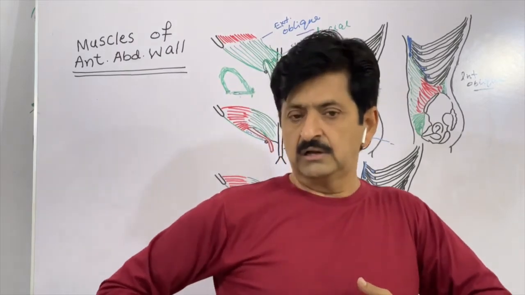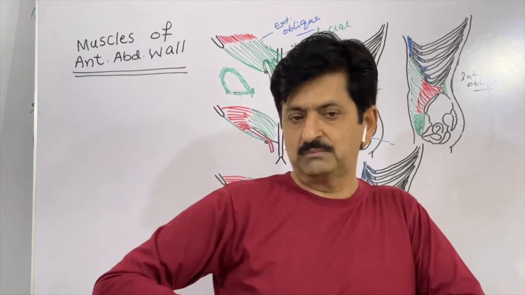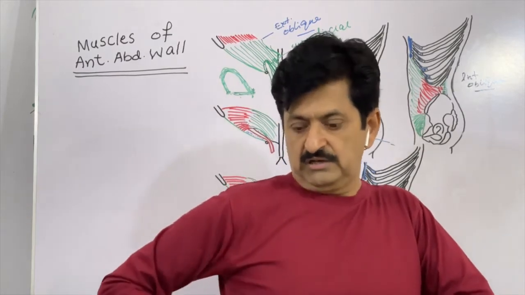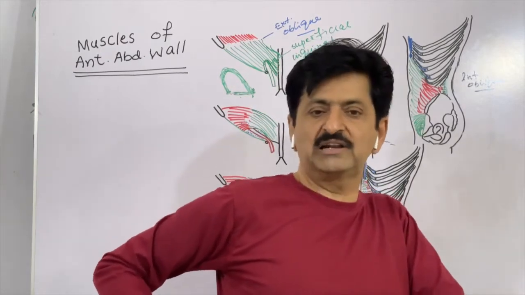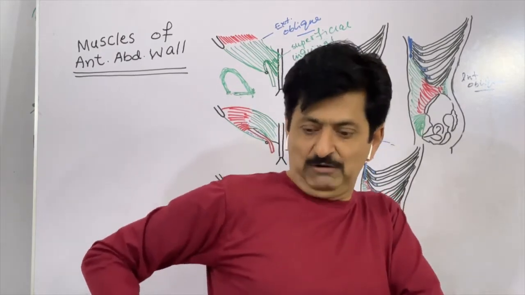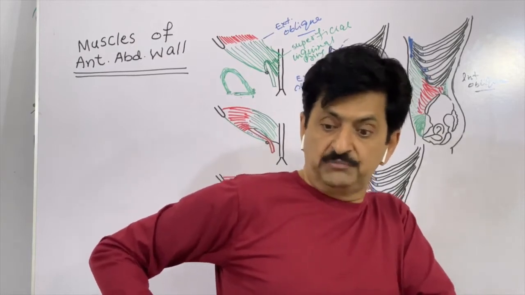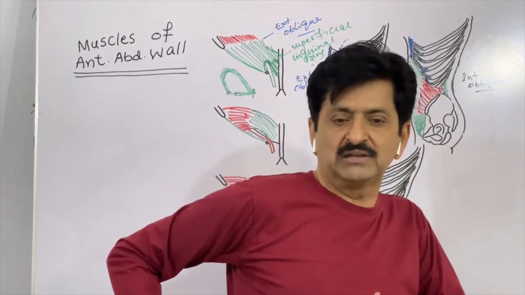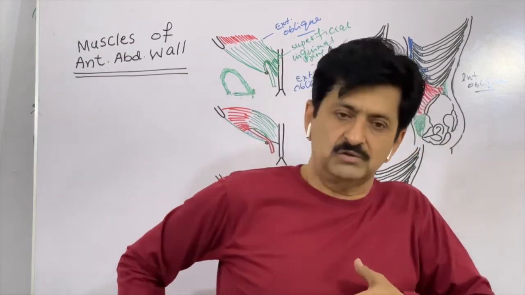Then the inferior border of the costal cartilage number 8, because 8 is articulated with the 7. Then the inferior border of the costal cartilage of the 9th. Then the inferior border of the costal cartilage of the 10th. And then the tip of the 11th rib, the inferior border of the 11th rib. Then the tip of the 12th rib. Then the inferior border of the 12th rib. So this margin is called the costal margin.